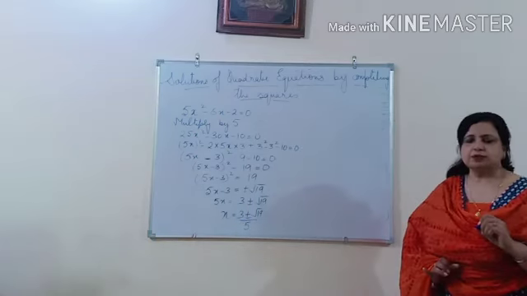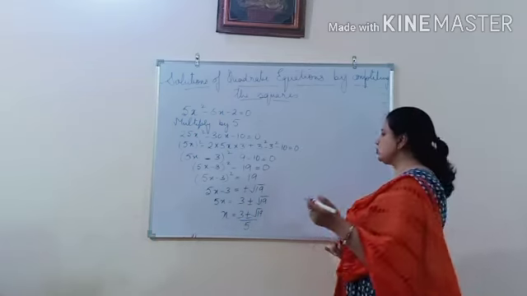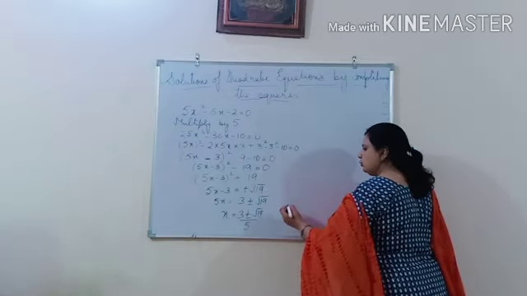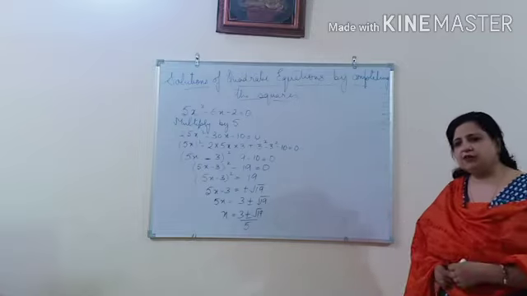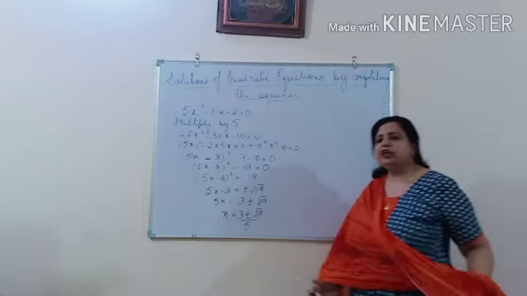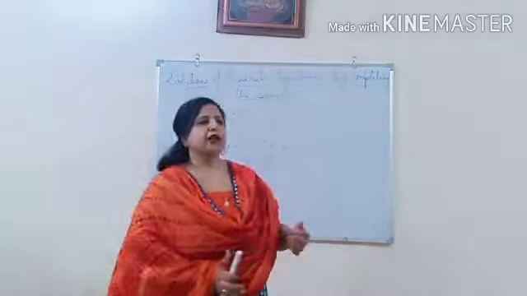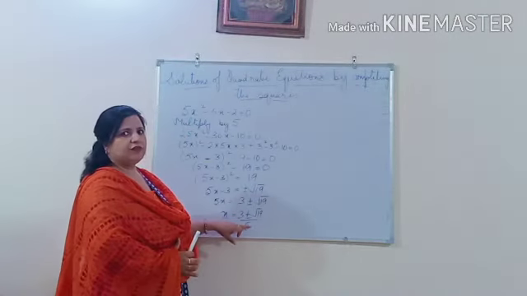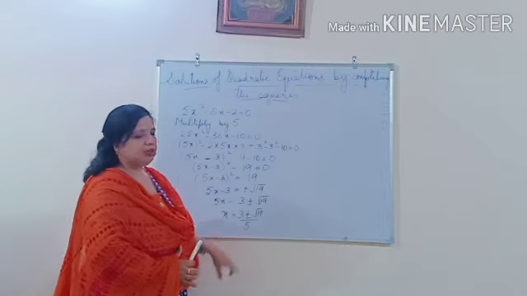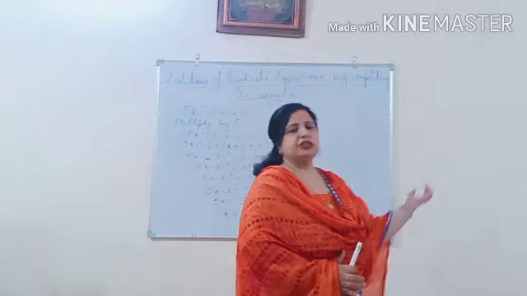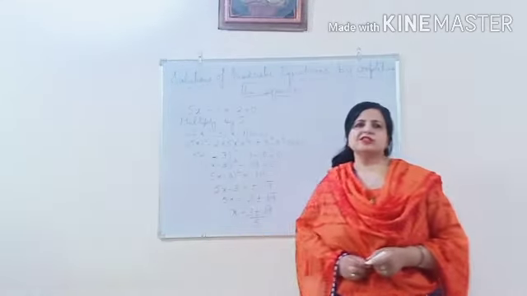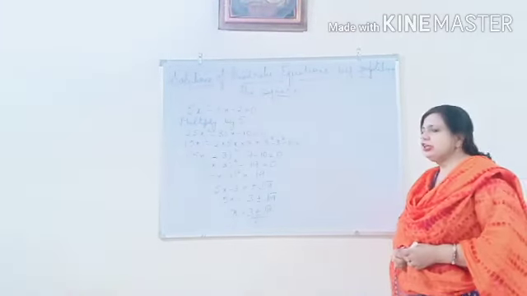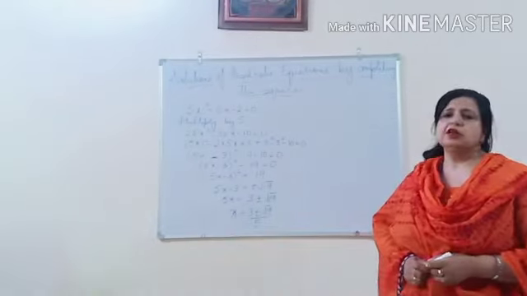So the roots we have obtained by completing the squares: one root is x equal to 3 plus root 19 by 5, and the other will be 3 minus root 19 by 5. So we have discussed the method of finding the roots by completing the squares.